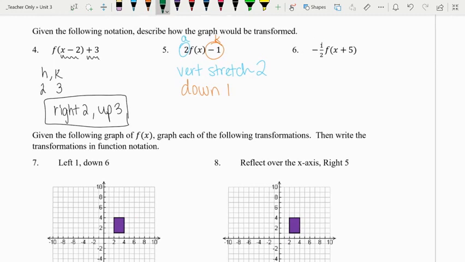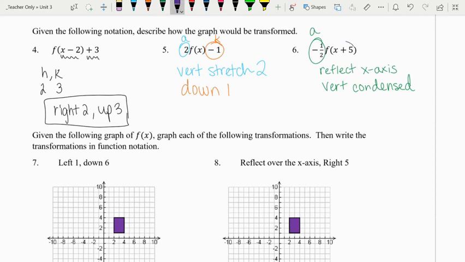And our last one, okay, again, we have an a value, but this time the a is negative. So the fact that it's negative, it means that it is reflected over the x-axis. And then it being 1/2 means this is a vertical compression or condensed. Either way, compressed, condensed, same thing.